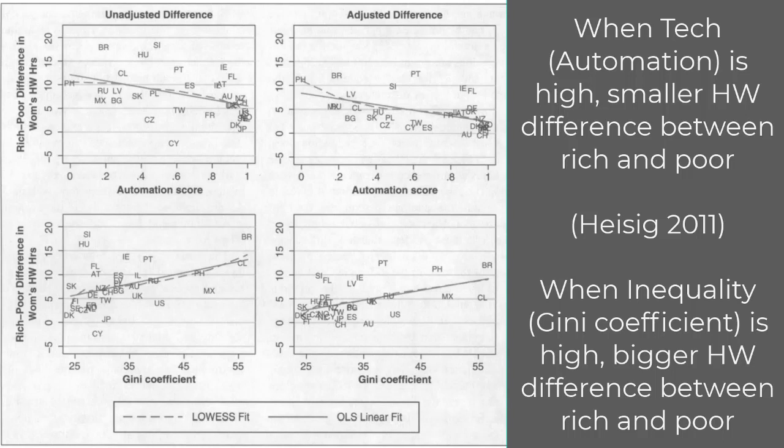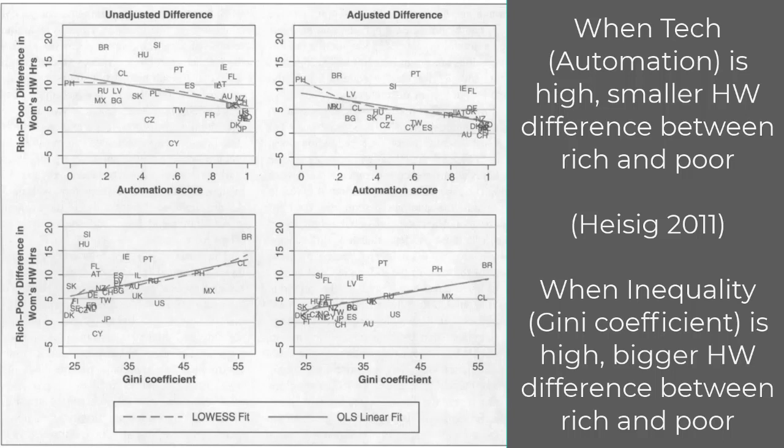How much automation is there in society? How much technological advancement has there been? And boy, this is consistent with the development explanation, that the more automation there is, it seems that overall there is a decline in the difference between rich people and poor people in housework hours.